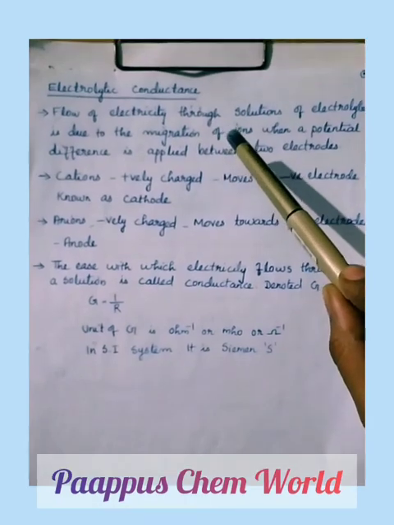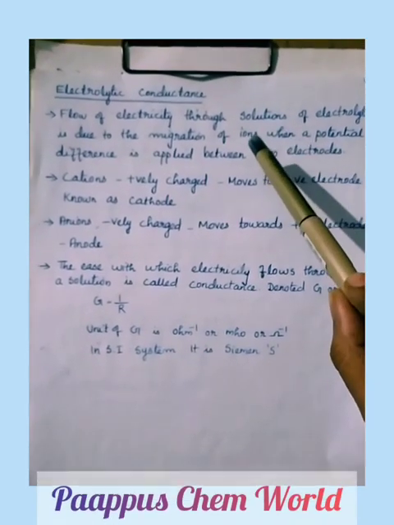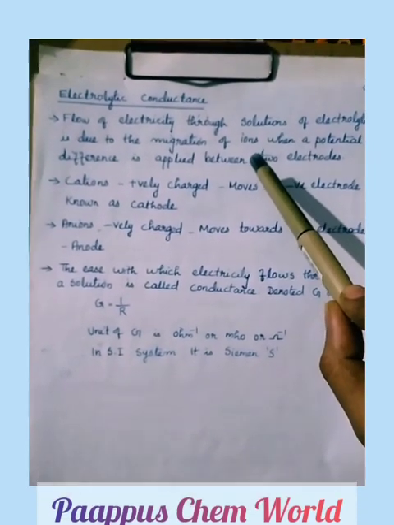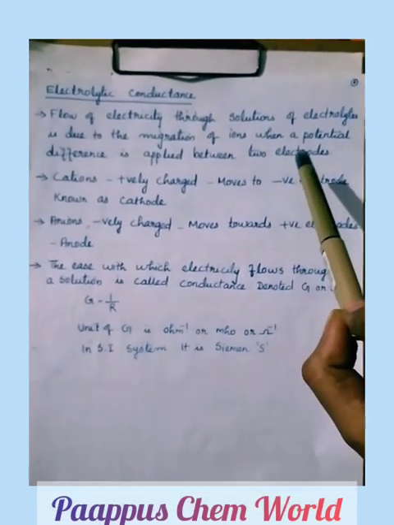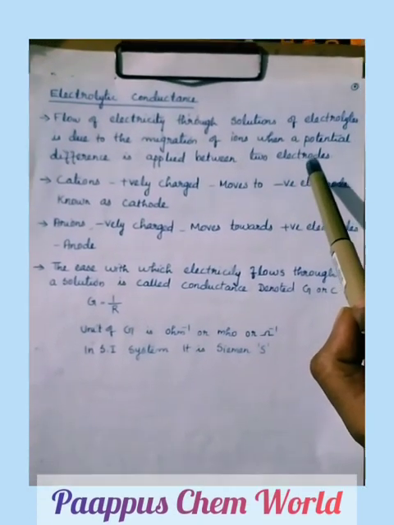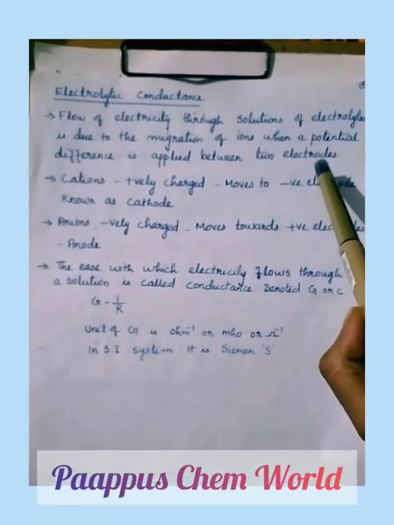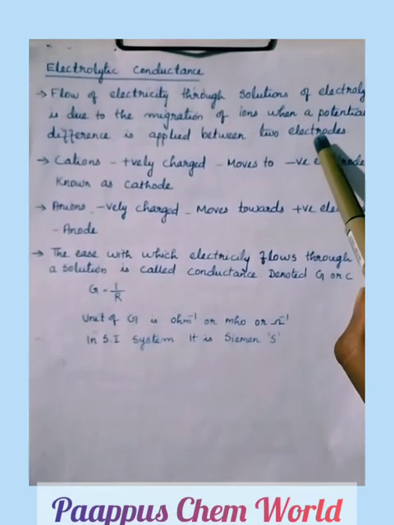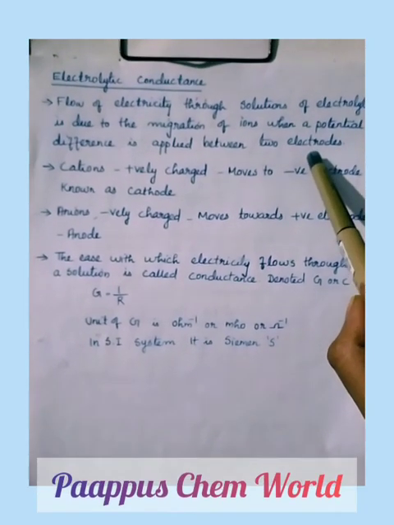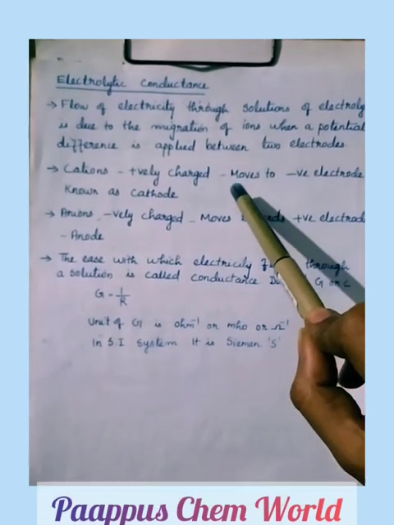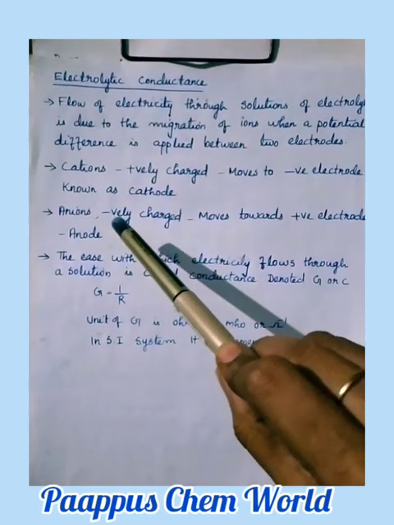Flow of electricity through solutions of electrolytes is due to the migration of ions when a potential difference is applied between the two electrodes. The electrolyte contains cations and anions.